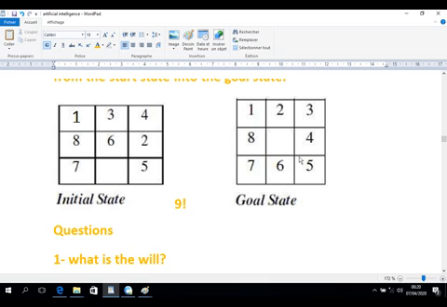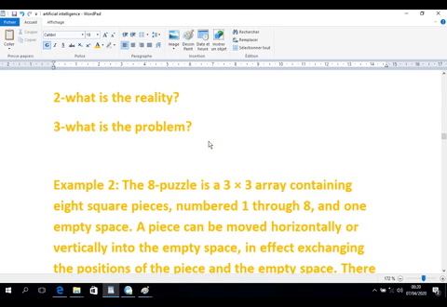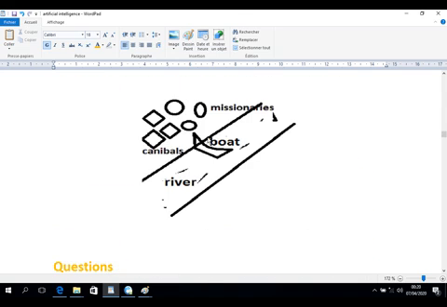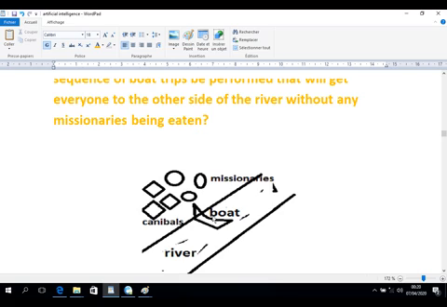Fine. Now, examples. Give a solution to each of the above mentioned problems. For the board game, a solution should be a sequence of moves that convert the board from the initial state to the goal state.